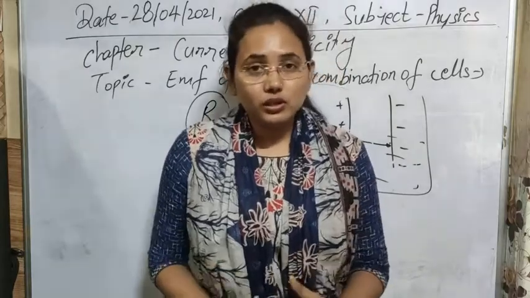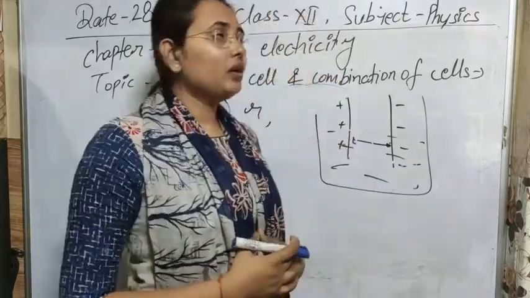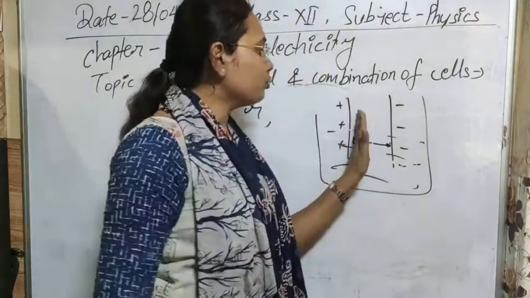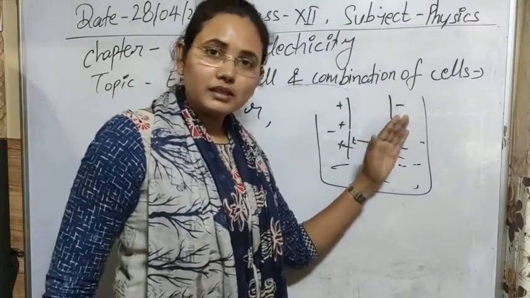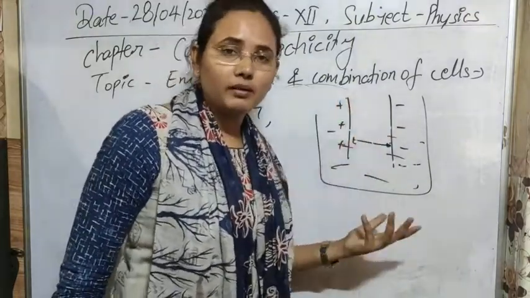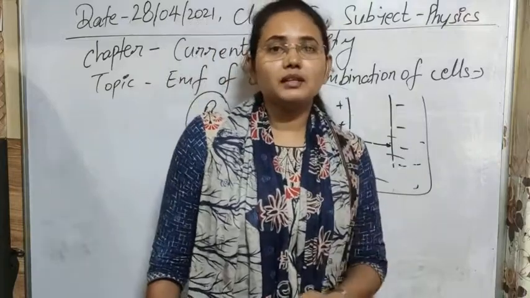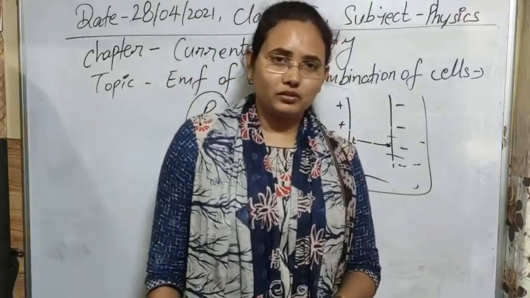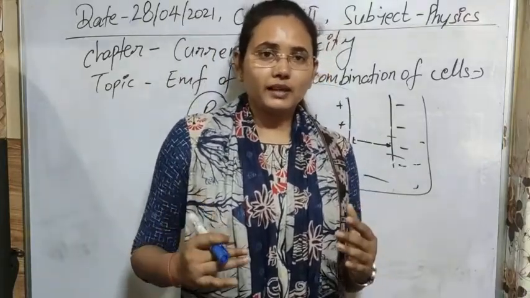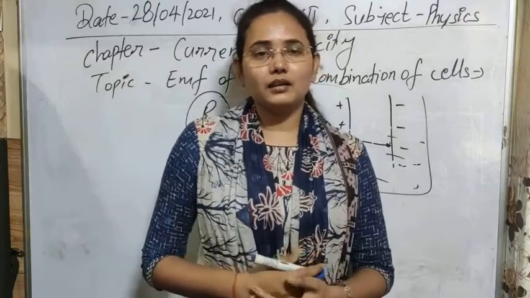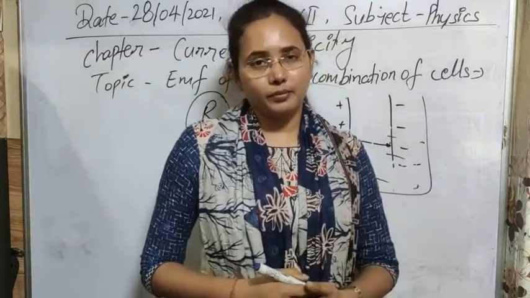So it also depends on area. It also depends on the distance between the two plates. The greater the distance, the farther the ions have to move and the more opposition they feel, so internal resistance depends on that factor too. These are the basic factors that affect the internal resistance or EMF of the cell.